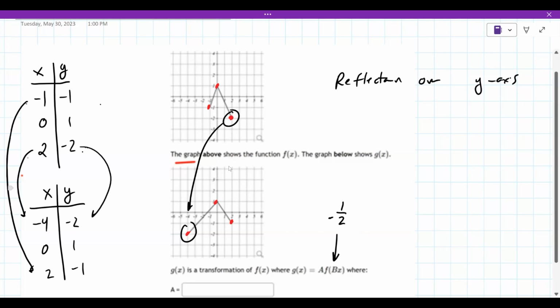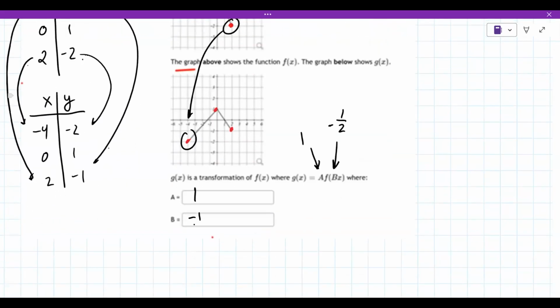So if it were to have gotten narrower, then it would be a ×2, but the wider is a number between 0 and 1. Got it. That makes sense. Okay. The part on the outside is whether it's been pulled up or down, which it has not been. Notice all the values go to the same y values. So the a in this case is 1.